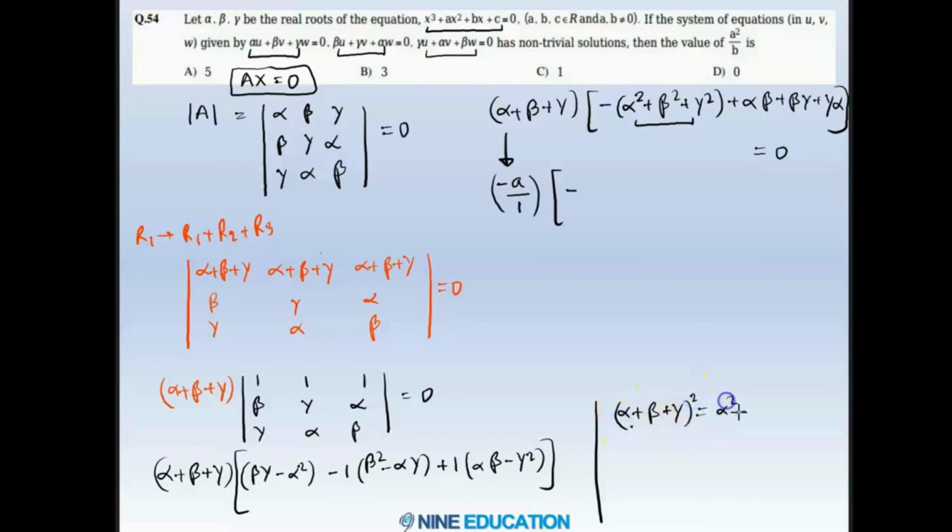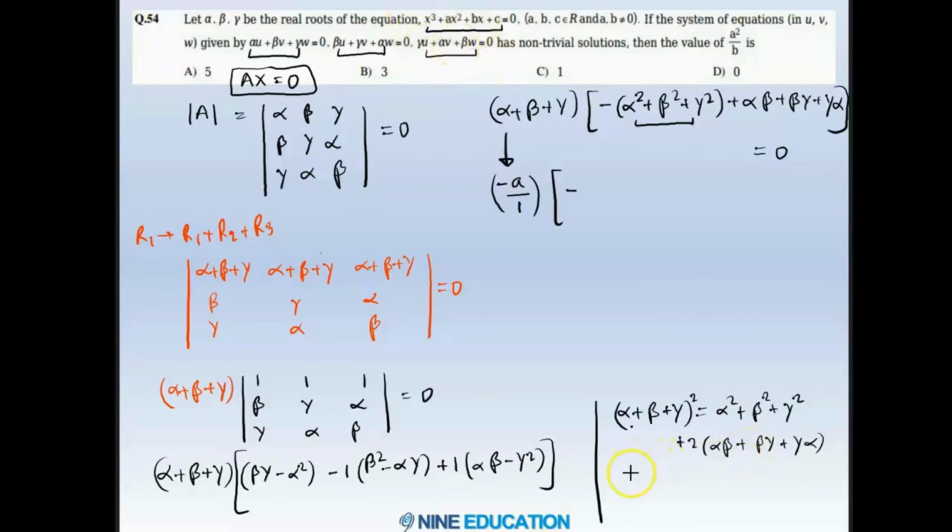That will give us alpha square plus beta square plus gamma square, and then 2 times alpha beta plus beta gamma plus gamma alpha. Now this alpha beta plus beta gamma plus gamma alpha is basically b from the cubic equation. We have the sum of the product of two roots at a time, that is simply b by 1.